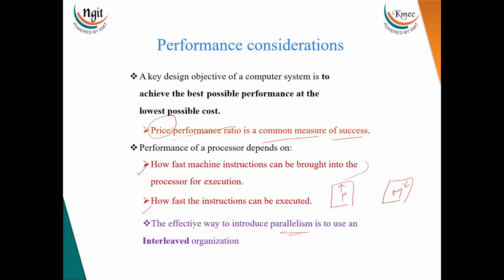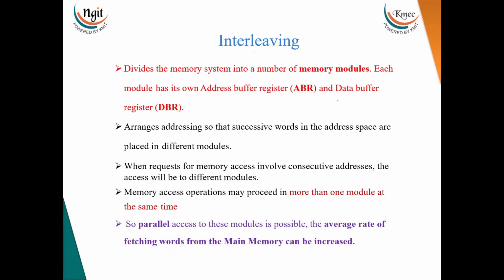That can be achieved by using parallelism. The effective way to introduce parallelism is to use an interleaved organization. What does interleaved organization mean? The complete memory is divided into memory modules. So instead of taking one large memory area, the complete memory is divided into parts, called memory modules, and each module has its own address buffer register and data buffer register.